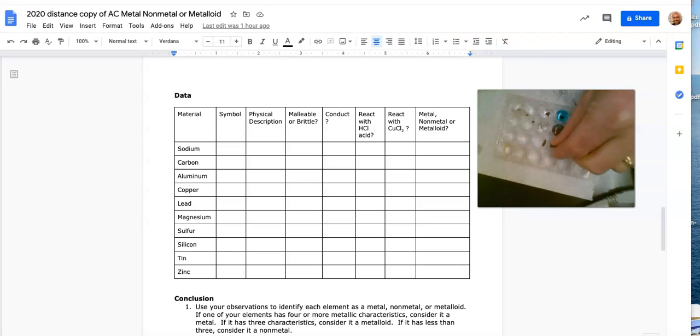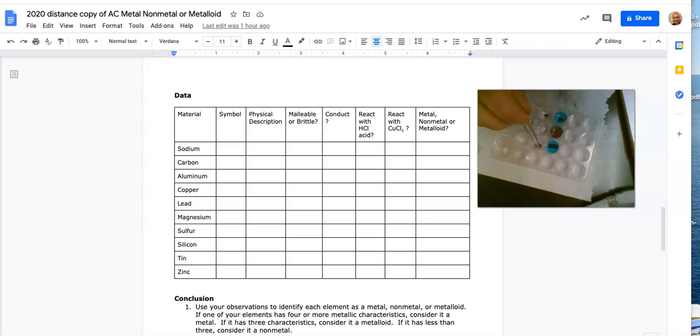I'm dropping in my two chunks. First with the acid. Next with the copper chloride. With the acid, I noticed that it shined it up, but I don't think the actual copper is reacting.